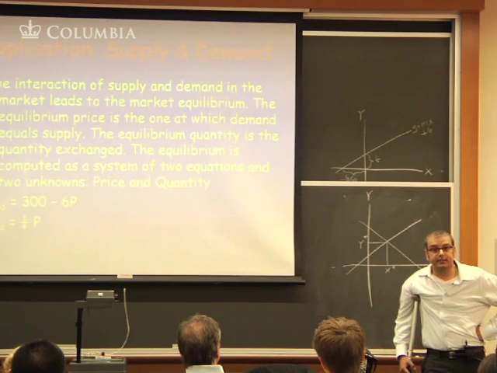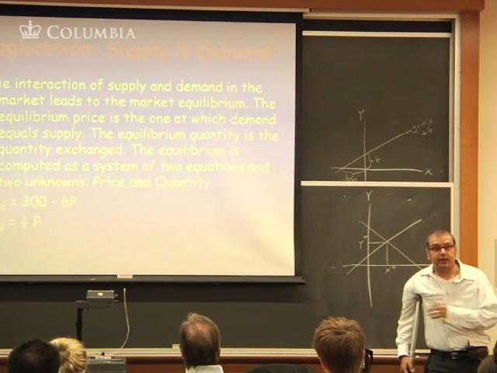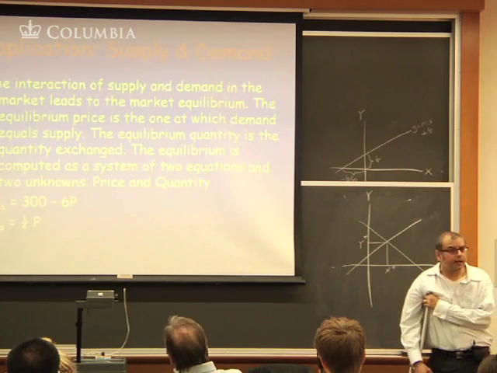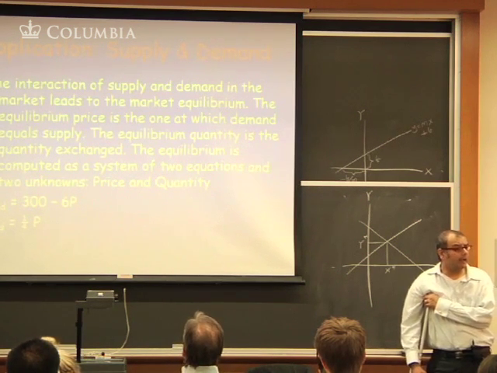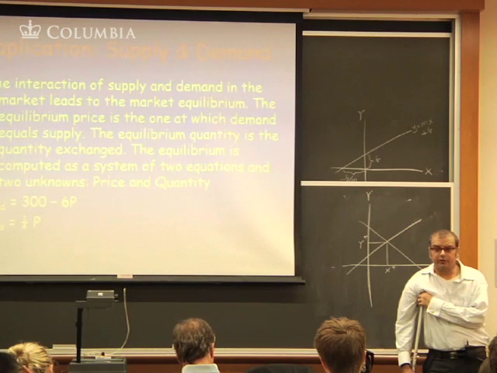Price is the independent variable, the input variable, and quantity demanded or quantity supplied is the dependent variable, the output variable. Now, so far, this is a quirk that you should get used to. So far, I have always displayed y on the vertical axis and x on the horizontal axis.